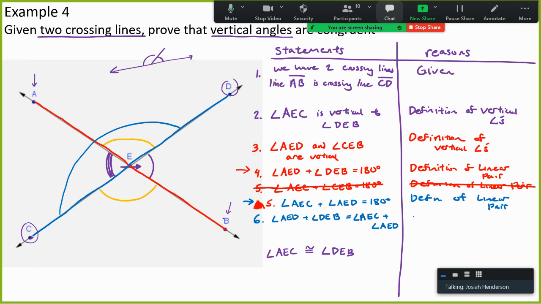Now, why did I do that? How can I do that? Because of substitution. I substituted one equation into the other. They were both equal to 180. Substitution. And now I think we're almost done.